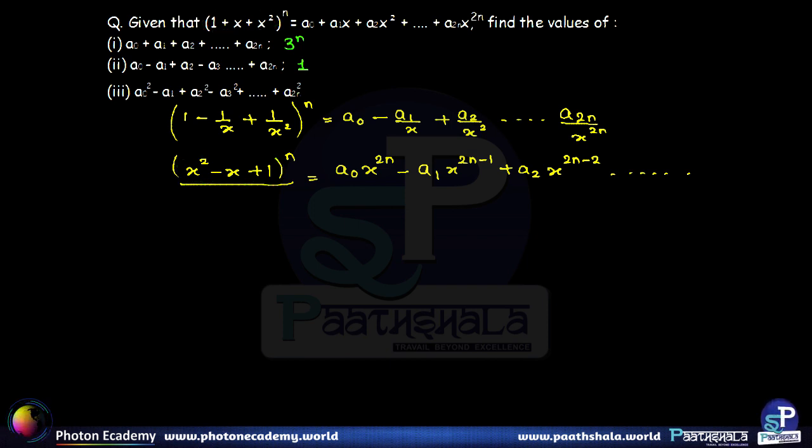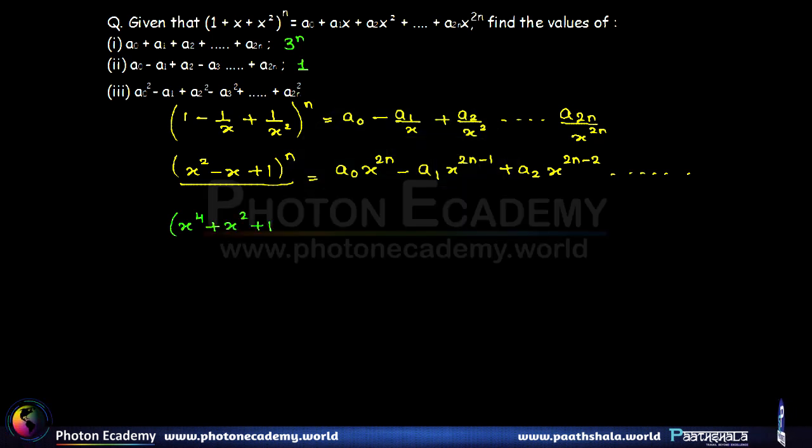So if we multiply these two brackets, we know the formula for that, right? It's an identity. So that is just x raised to 4 plus x square plus 1, and this raised to n. So let us start multiplying the expansions as well. So it will be the first term of this into the whole thing, then the second term of this into the whole thing again. So let's start doing that.